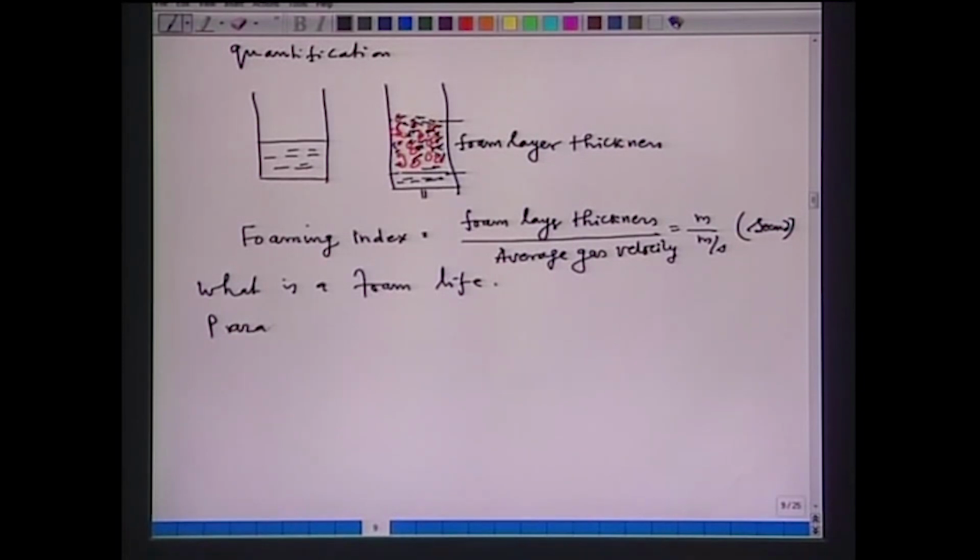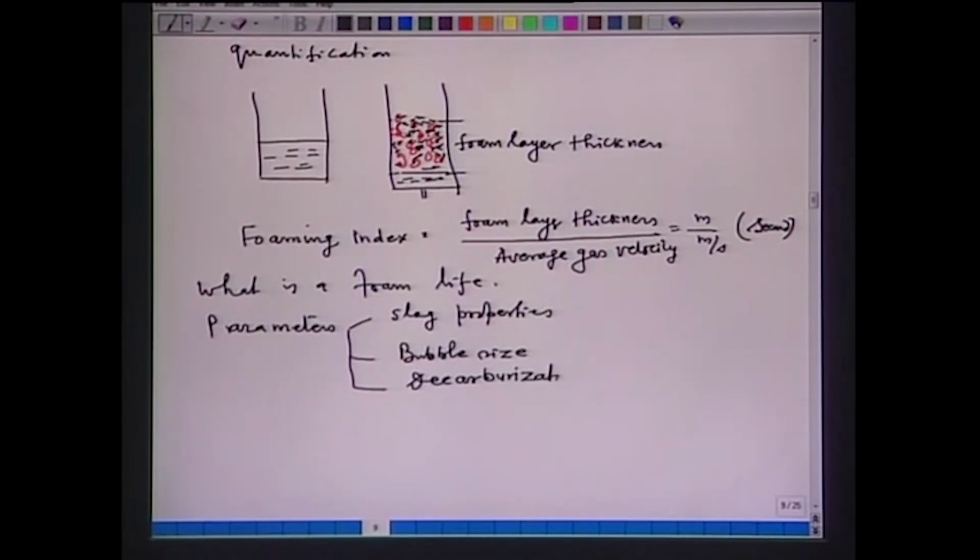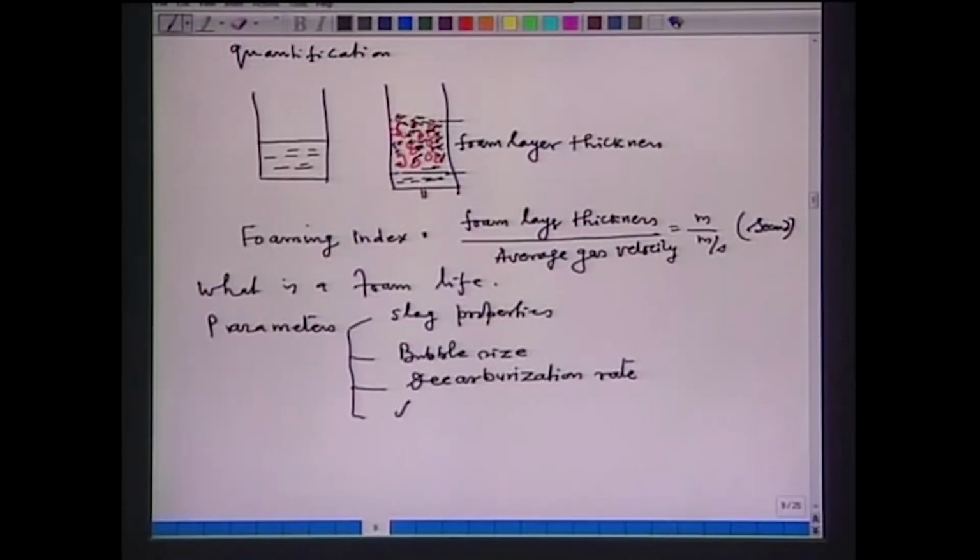Now, the parameters that control the foaming: one is, for example, slag properties, then bubble size, then the decarburization rate. Now, decarburization rate, higher or lower, because decarburization is the reaction which generates carbon monoxide, and then location of gas forming reaction.